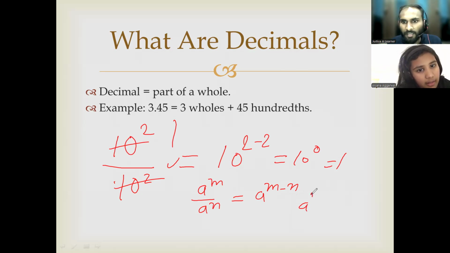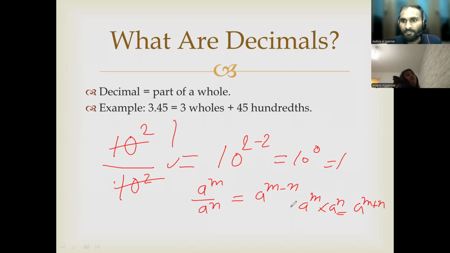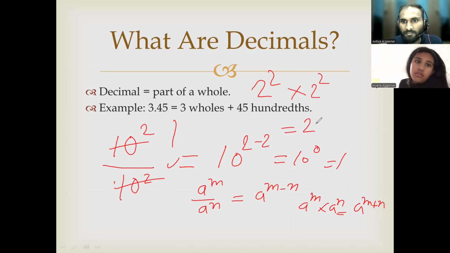And this theory says a to the power m into a to the power n gives a to the power m plus n. This is also the theory. Interesting. So for example, if I ask you 2 to the power 2 into 2 to the power 2, what will be the answer in power? 16.